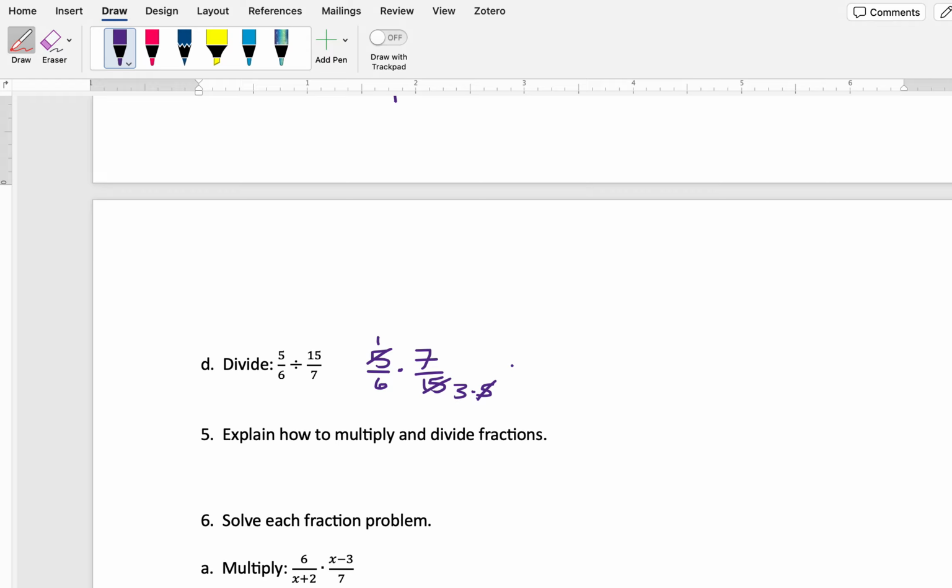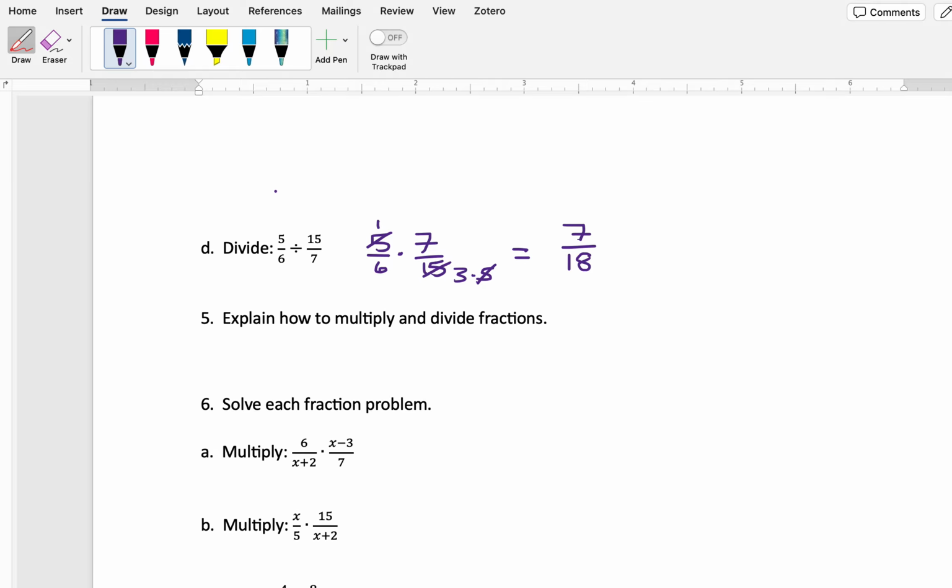So that's going to give me 1 times 7, or 7 on the top, 6 times 3, or 18 on the bottom. And it always is useful to check whether your answer is fully simplified. So I know that there are no common factors between 7 and 18, so my answer cannot be simplified any further.